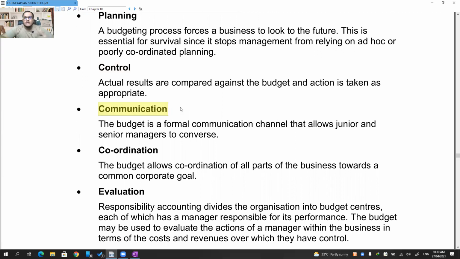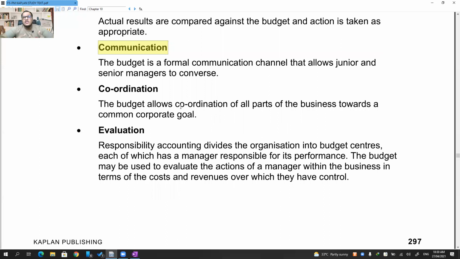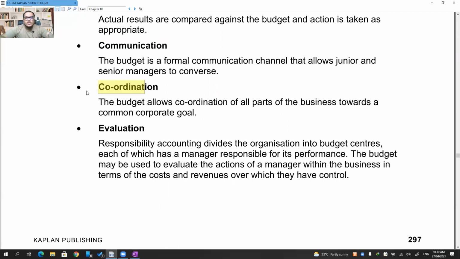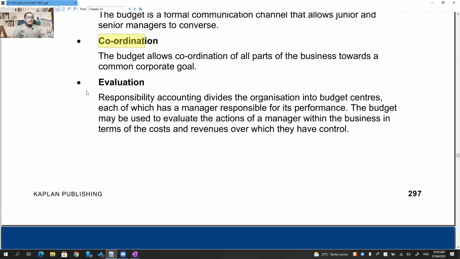Then communication, so that the budgets can be easily communicated to the rest of the people, and you can tell them this is what is expected of you, this is what you have to do. A proper communication channel will be established through preparing budgets. And then coordination: people will start talking to each other because of the budgets. For this division to do this much, how much should your division do?